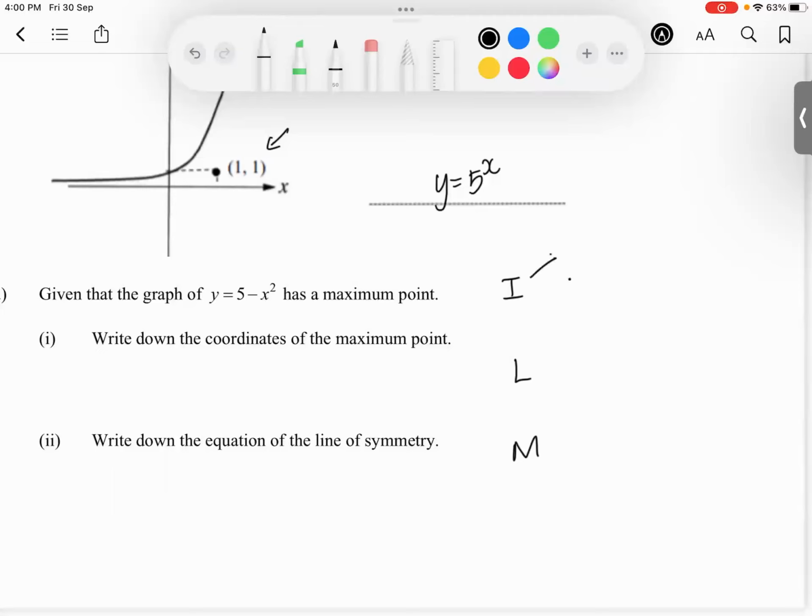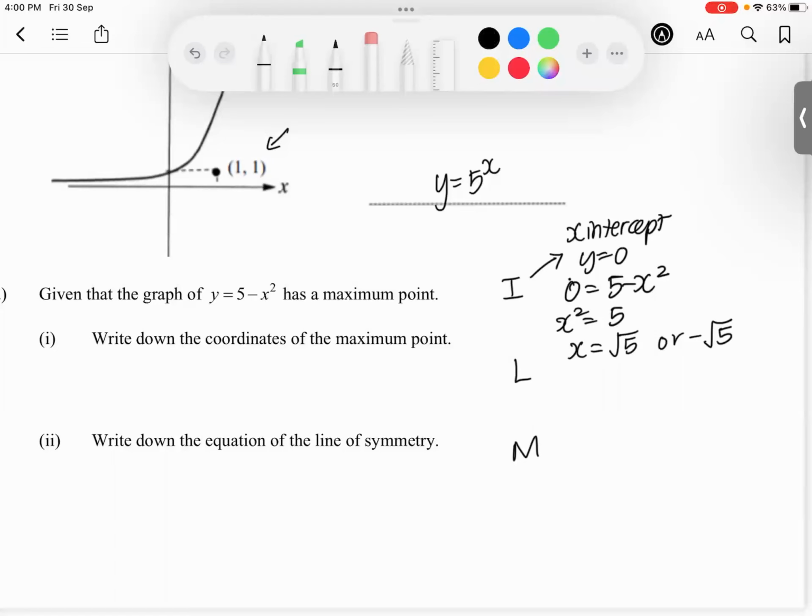Let us first find the x-intercepts. X-intercepts happen when y equals 0. So 0 equals 5 minus x squared. x squared equals 5. x equals square root 5 or negative square root 5. Two answers.